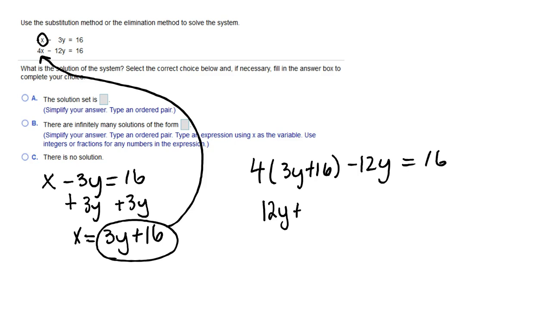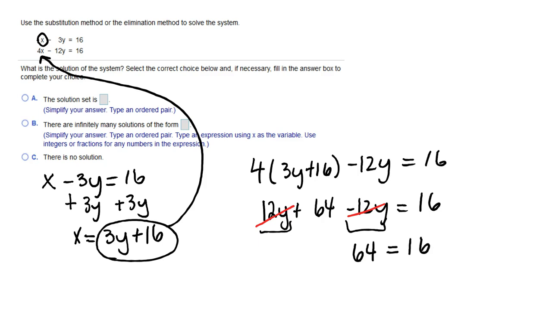That's 12y, 16 times 4, 64. I'll combine like terms, 12y minus 12y. The y's cancel each other out, leaving me with just a number on the left and just a number on the right.